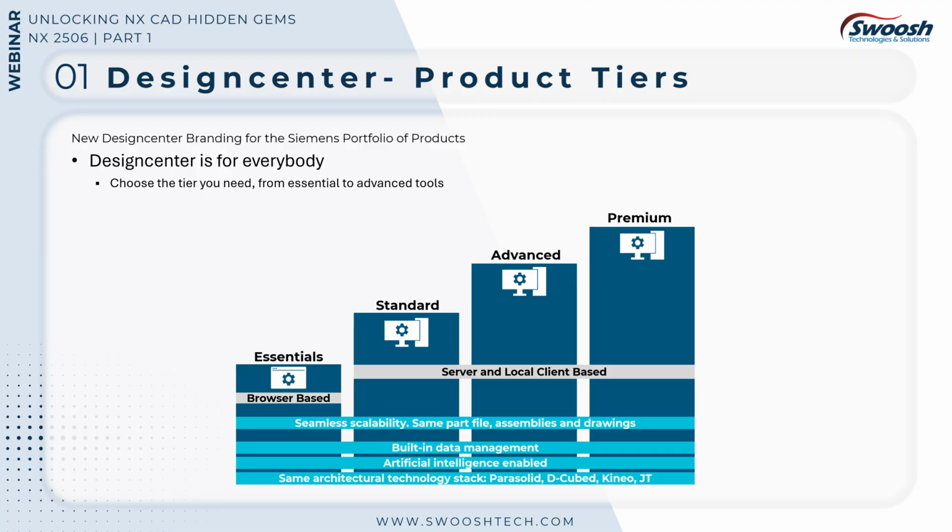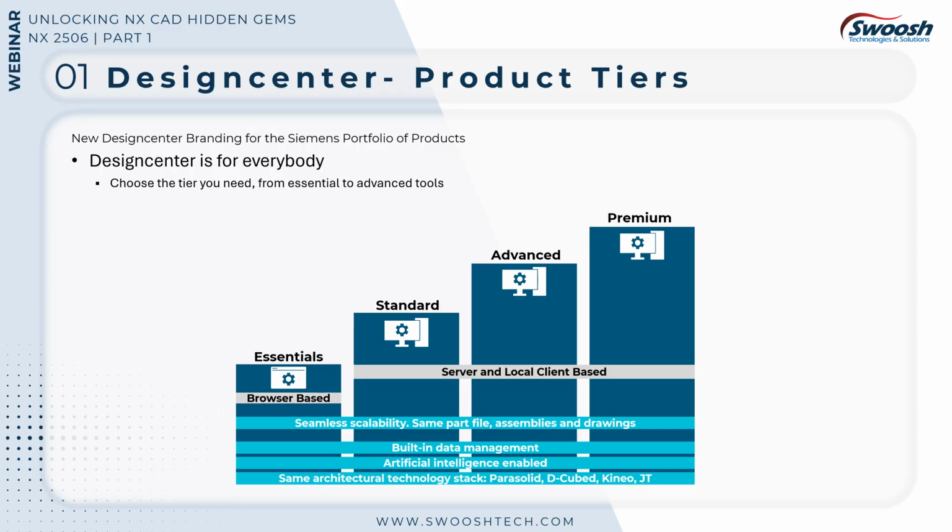So let's take a look at Designcenter's product tiers. Designcenter is a very flexible, versatile platform designed for all users of NX, offering both browser-based and desktop experiences. It's built on a unified technology stack, including Parasolid, D-Cubed, Kineo, and JT, ensuring strong interoperability between NX and Solid Edge.